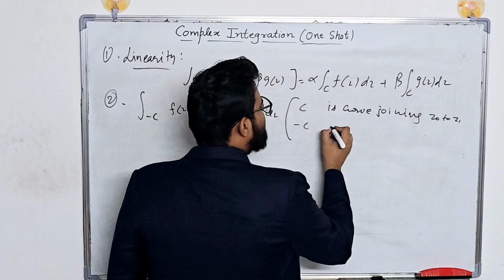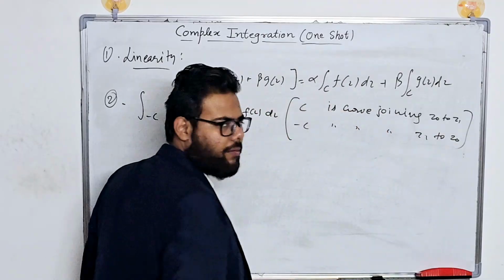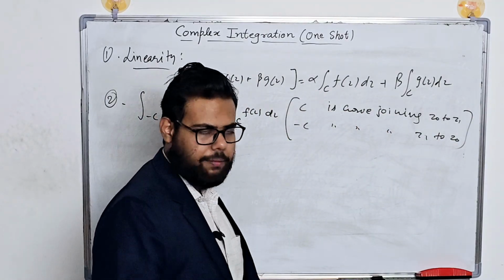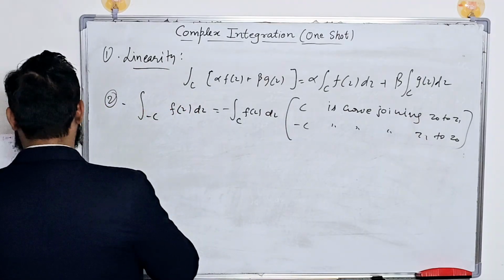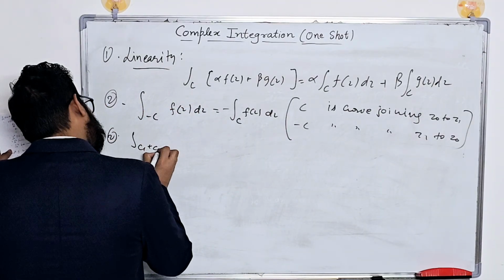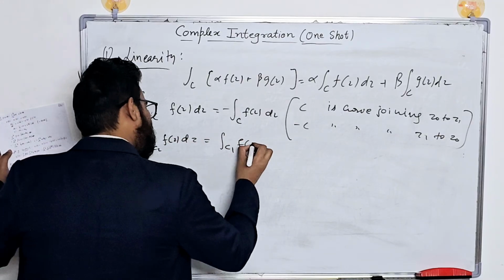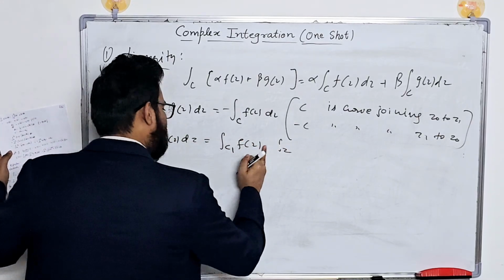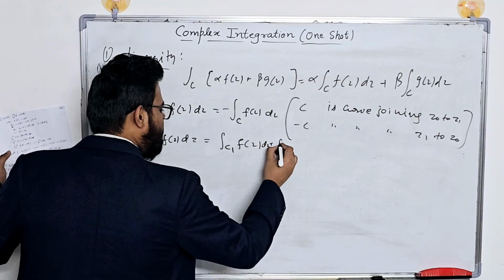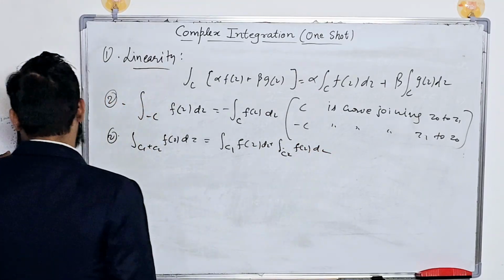And minus c is the curve joining z1 to z0, okay? Just the difference of direction. Now the integral over c1 plus c2 of f of z dz is equal to the integral over c1 of f of z dz plus the integral over c2 of f of z dz, right? This expression.